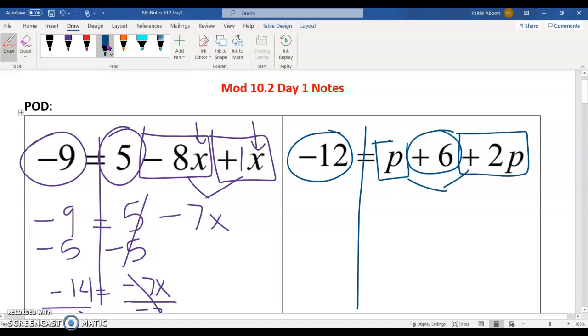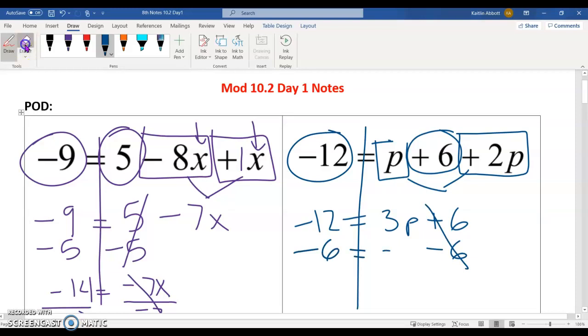So I have p plus 2p gets me 3p. So I have 3p plus 6, because I didn't touch that 6, so that 6 comes down, and I have -12 over here. And now I got to get p all by itself. So I'm going to subtract 6, that gets a 0 pair, subtract 6. Same thing on the other side. I'm not going to put that equal sign there yet.